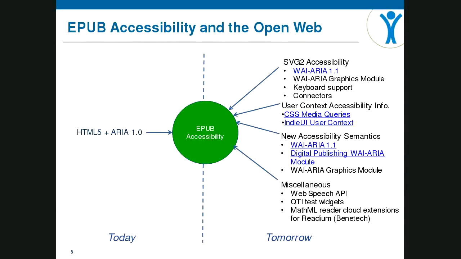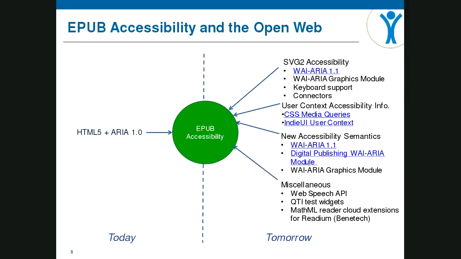Chapters, section, well, there is a section element in HTML, but there's no chapter, there's no term, glossary, index, footnote, note reference. There's about 75 different types of things that we're working with the ARIA group to extend those semantics.